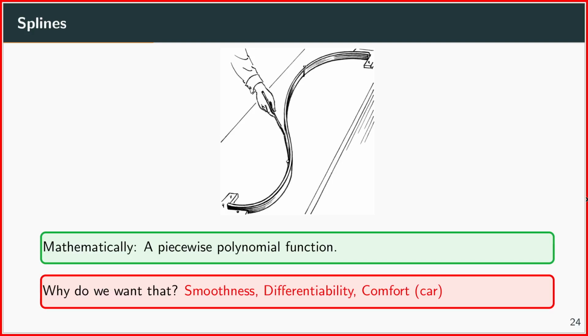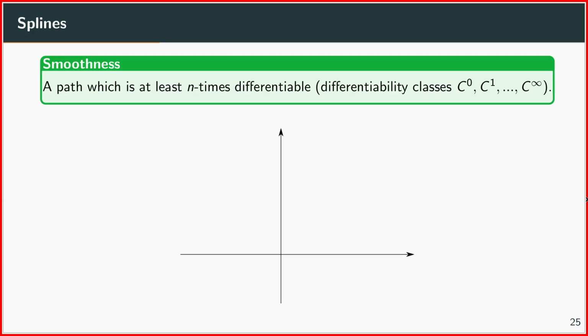Yeah, so definitely we want that because we are interested in smoother paths, maybe also paths which minimize, for example, the energy spent along the path. Okay, and one of the bigger concepts for splines is this concept of smoothness, which I just want to talk a little bit about.